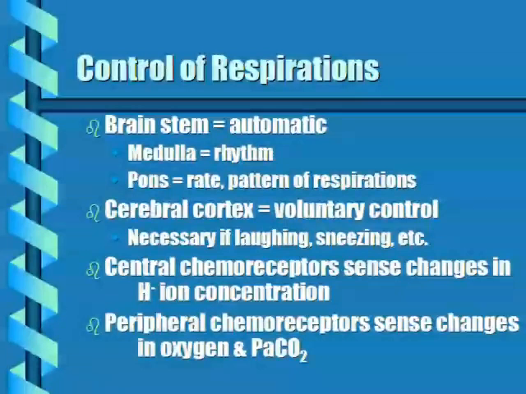So over time, the body becomes less sensitive to changes in oxygen. And if you have somebody who has chronic obstructive lung disease, and you give them too high a flow of oxygen, they just won't breathe, because they won't see the need to do that. That's why we limit the amount of O2 flow that we give to our chronic lung patients.